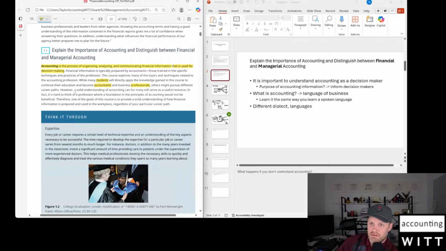It doesn't matter. You're going to want to know accounting if you want to be able to make decisions about a business, because accounting is how you get the information organized, analyzed, and communicated.